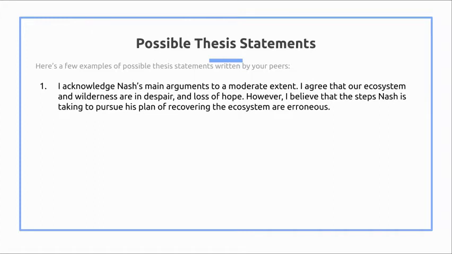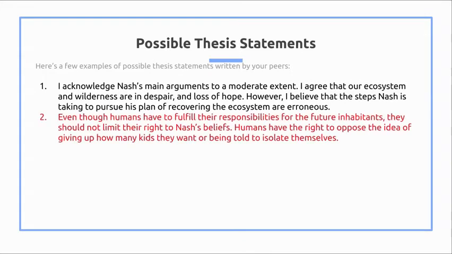So, I think that the transition could be a little bit stronger here. But overall, this would work. It tells whether the writer agrees and to what extent it agrees.